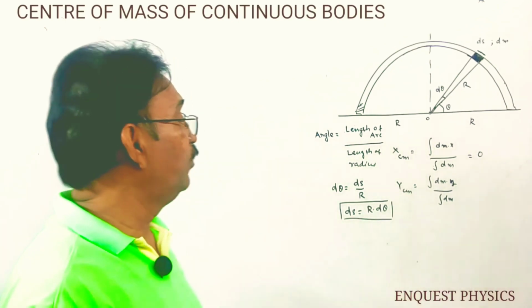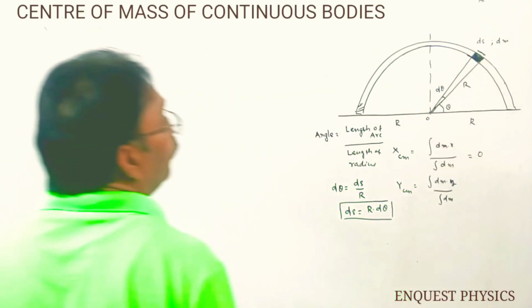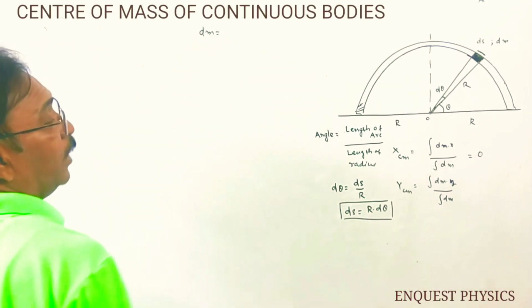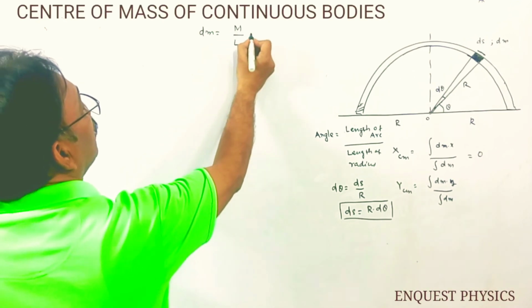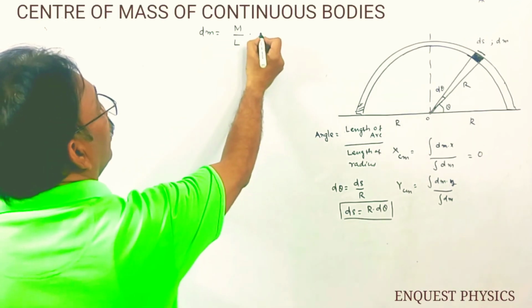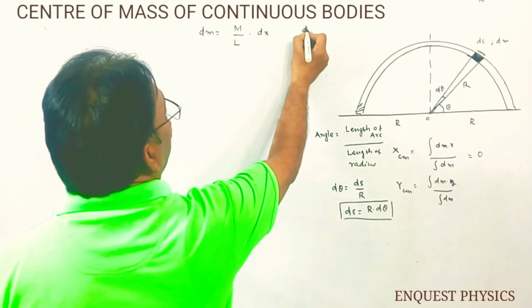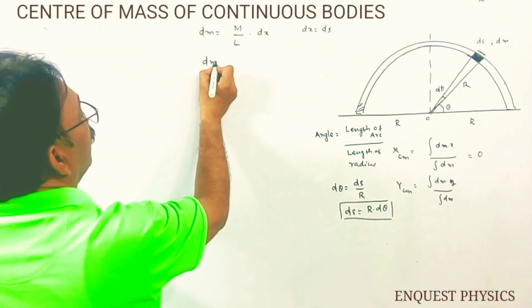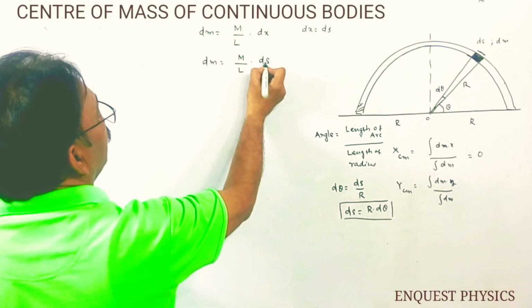Okay, students, then we have to find out the mass of this strip. As you learned, the derivative of mass can be written as mass by length into dx. Here we are taking dx as ds, then dm is equal to M by L into ds.